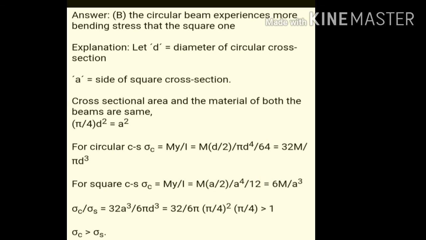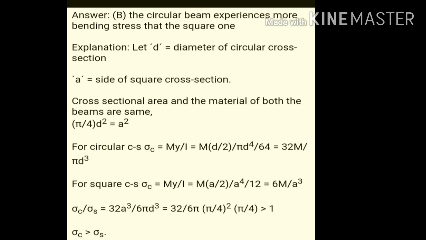Here we need a relation, because one is a cube and the other is d cube. He has given one condition, that both the areas are the same. From that, the area pi d square by 4 must be equal to a square.